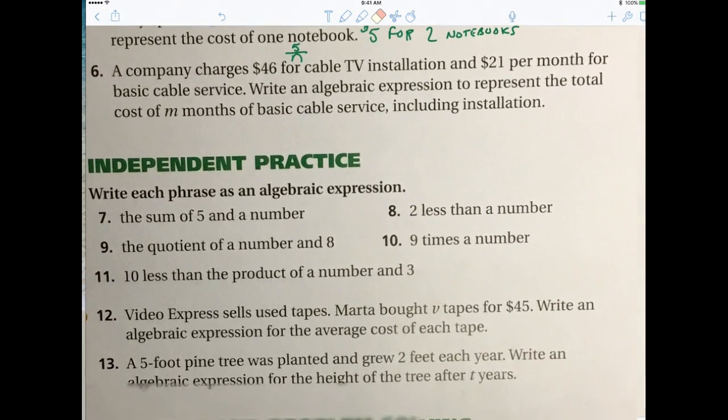A company charges $46 for cable TV installation and $21 per month for the service. Write an algebraic expression to represent the total cost after M months of basic cable service, including the installation.